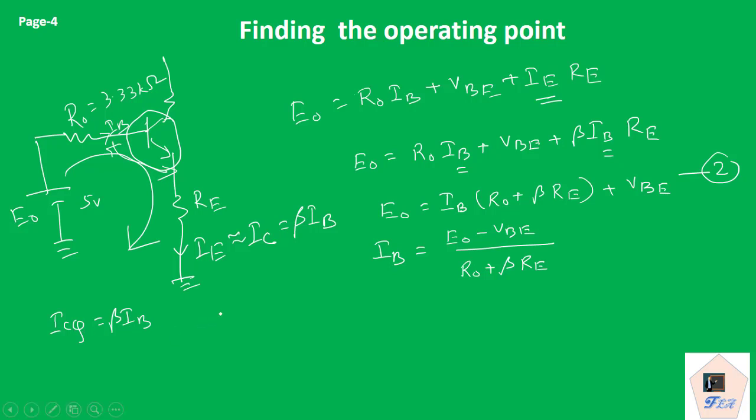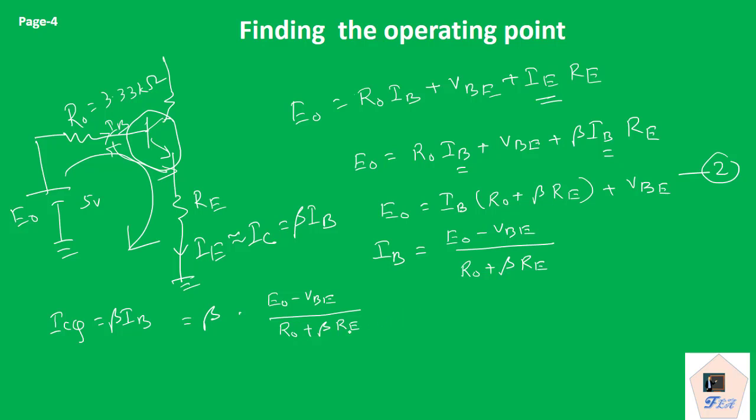Both ways it is possible. Anyways, we'll be now substituting the IB value here. So beta into E naught minus VBE divided by R naught plus beta RE.